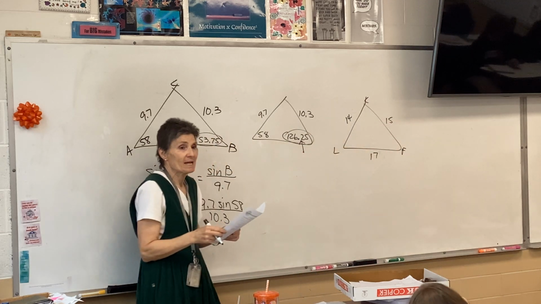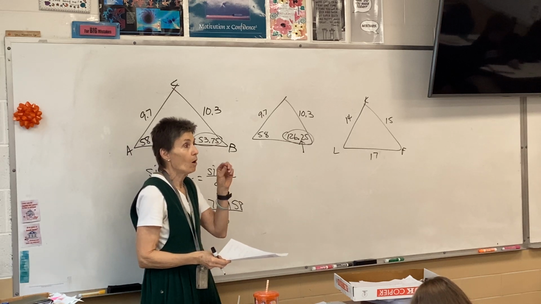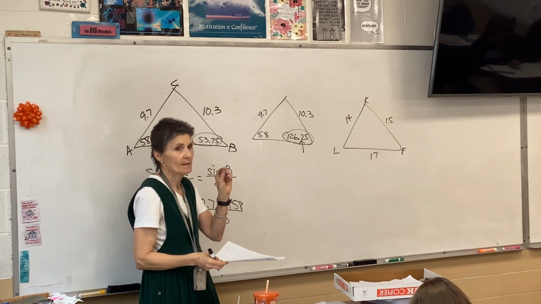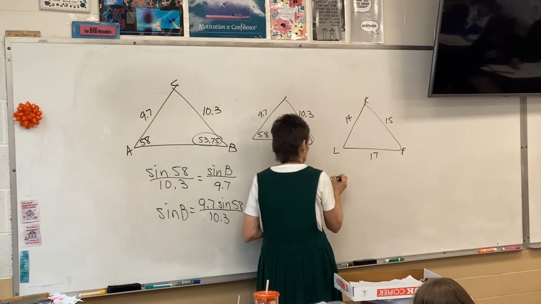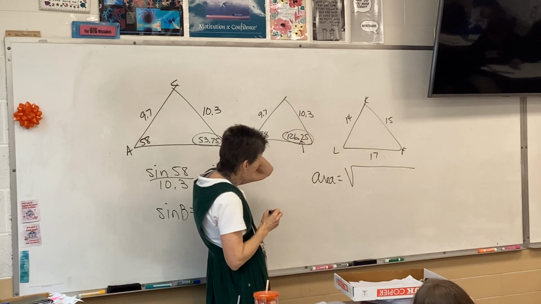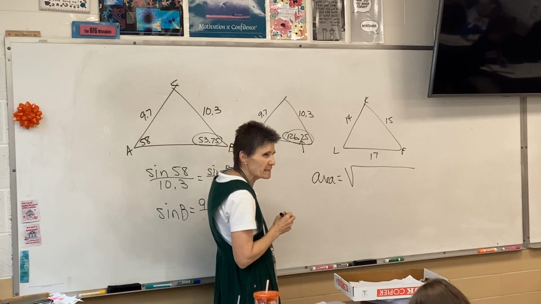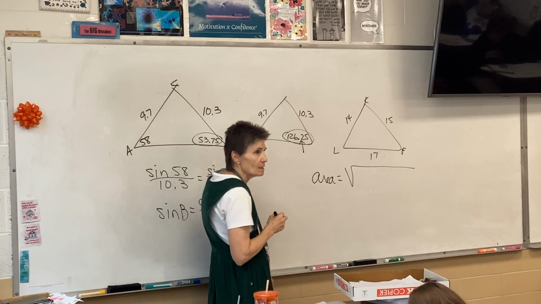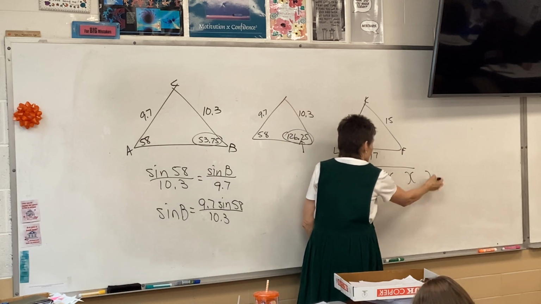All right, we're going to find the area of this. Since I know all 3 sides, I'm going to do Heron's formula. So I'll add up all the sides. What do I get? 46 for my perimeter. So that means my semi-perimeter is 23.